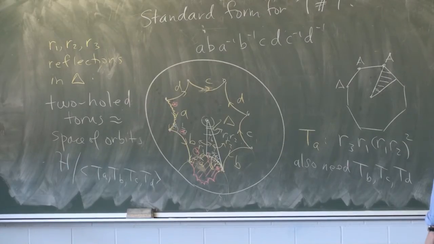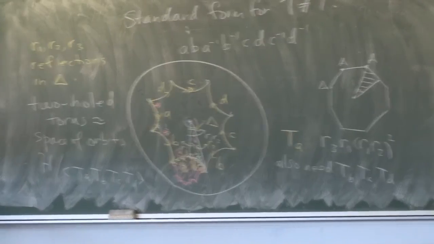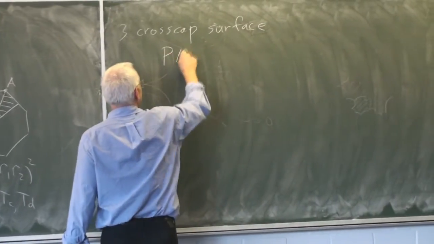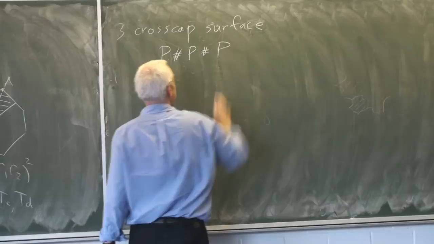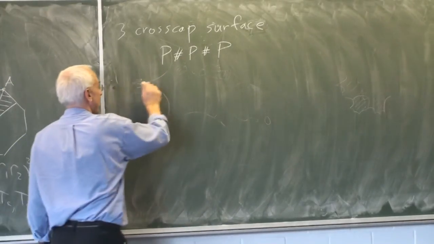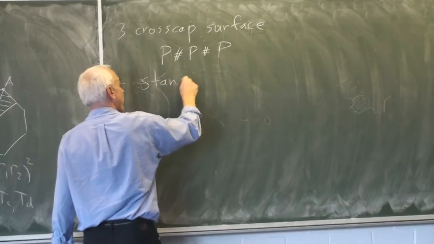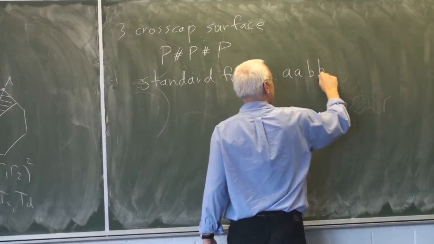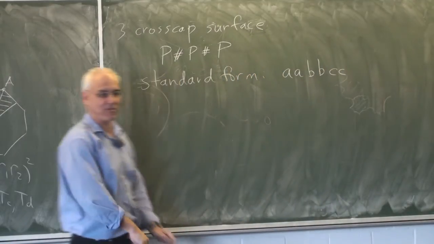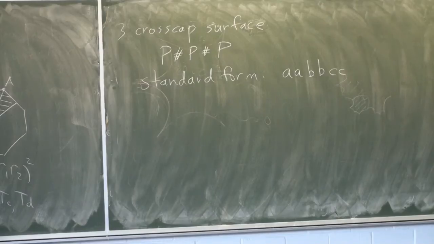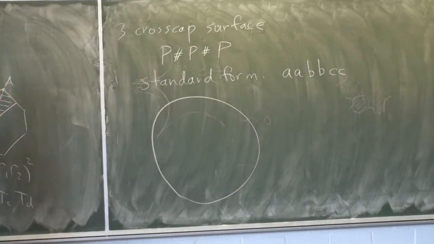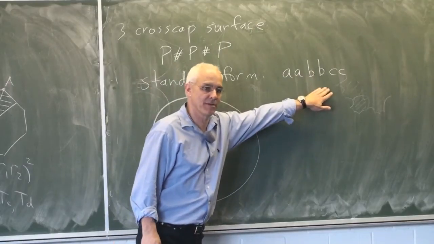So for our 3 crosscap surface, which was P plus P plus P, our standard form was A, B, B, C, C. 3 crosscaps. So we can try to do the same thing for that. And what we're going to need is a hexagon with 6 sides, 1 for each one of these letters.